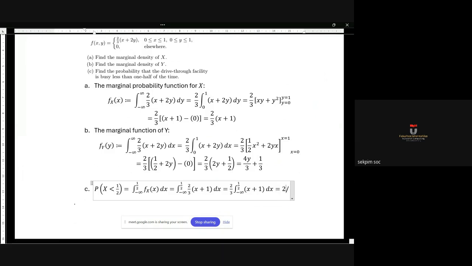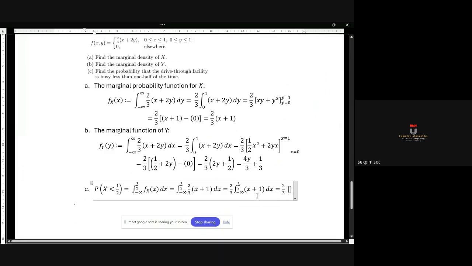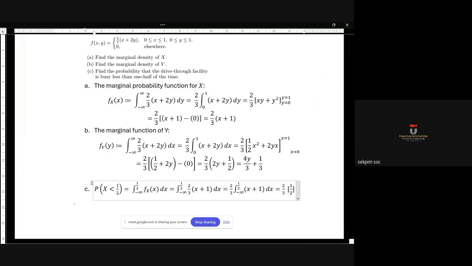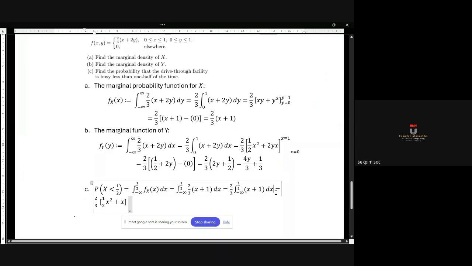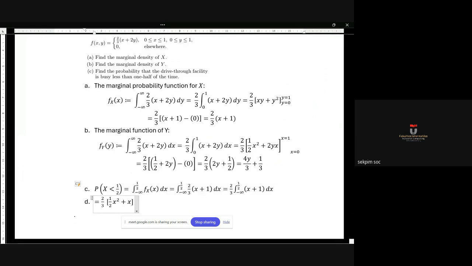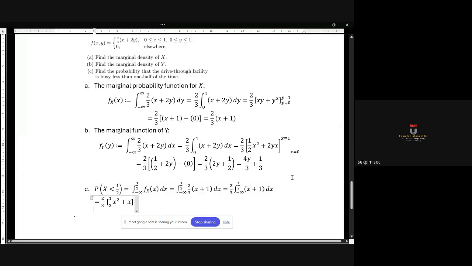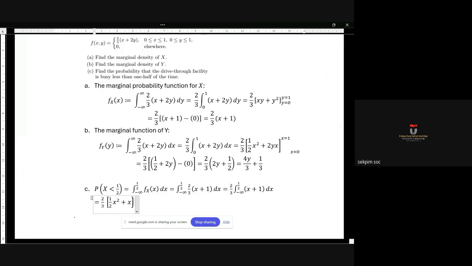This equals 2/3 times the antiderivative of x plus 1, which is 1/2 x squared plus x, right?